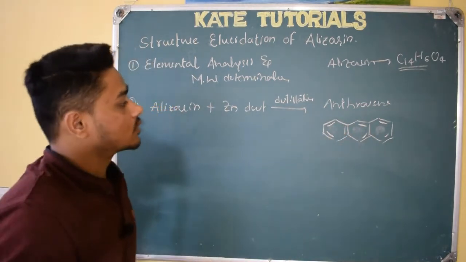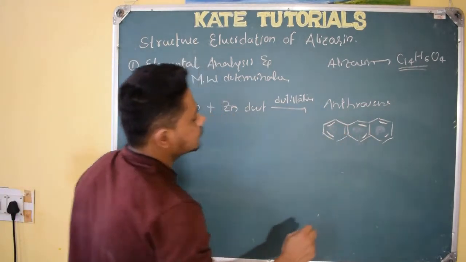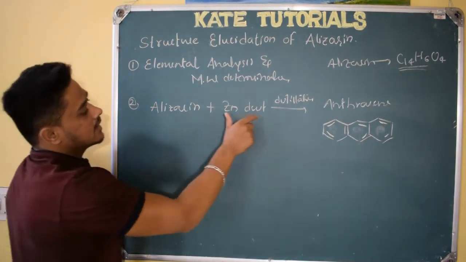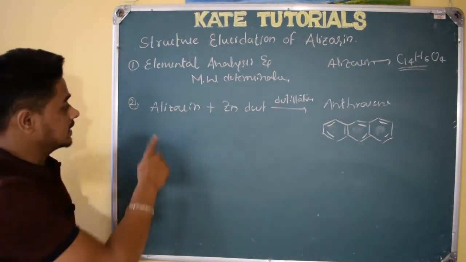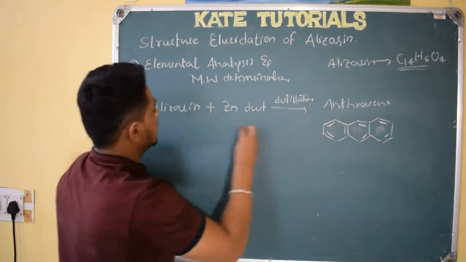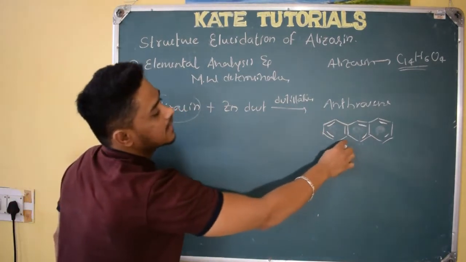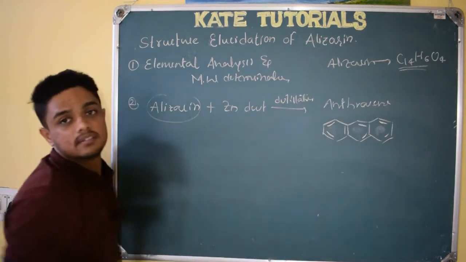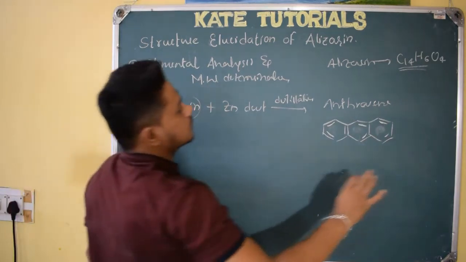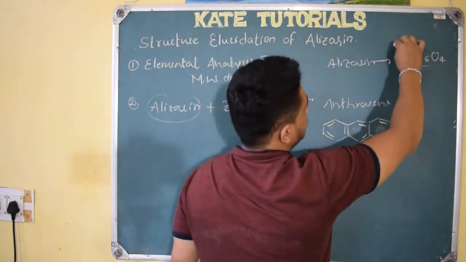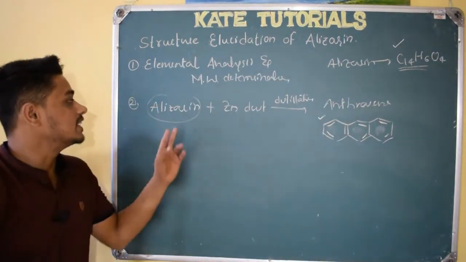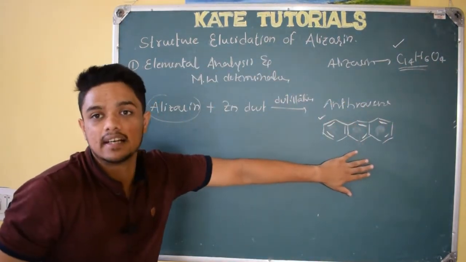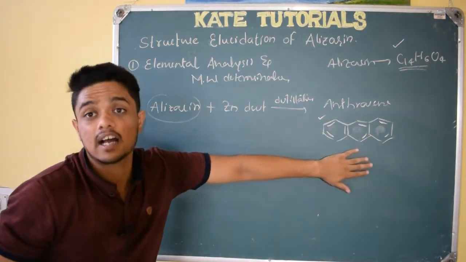So alizarin, when they did zinc distillation, gave anthracene. What does this reaction tell? This reaction tells that alizarin has an anthracene carbon skeleton. So first, they got the molecular formula. Further, they assumed that alizarin has this anthracene carbon skeleton.